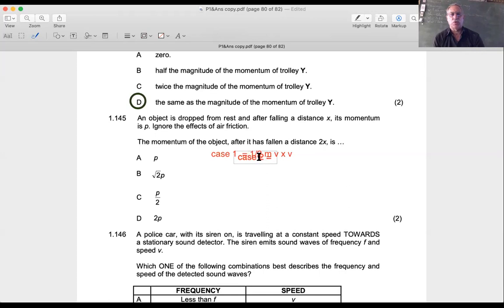So the 2 will cancel out the half, so we've got mv times v. So case 2 is going to be equal to 2 times the half times m times v times v.